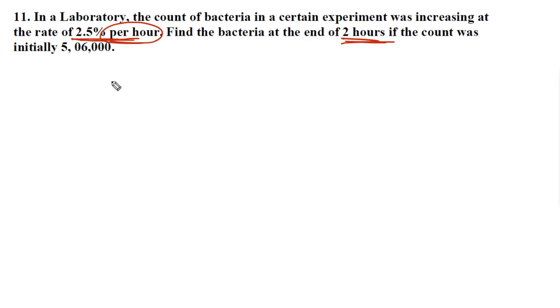Okay. So here also you can compare this situation with the compound interest form, because the number which was first is increasing at a rate of 2.5%, that is, it is compounding at a rate of 2.5% per hour, for 2 hours.